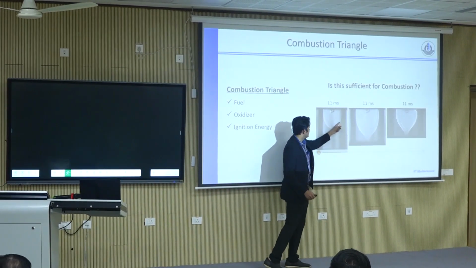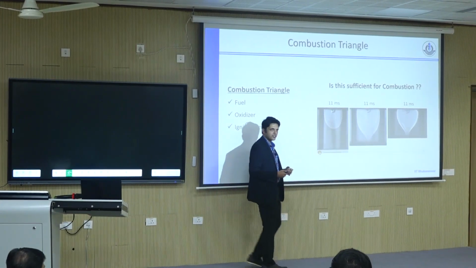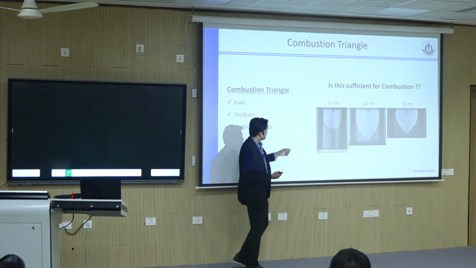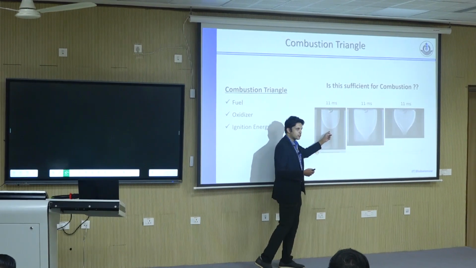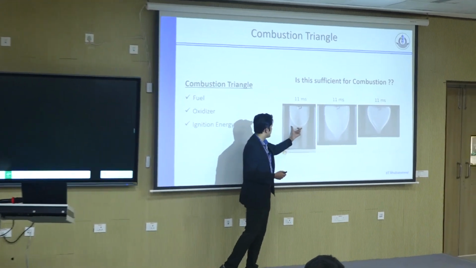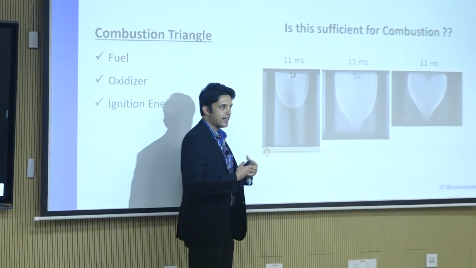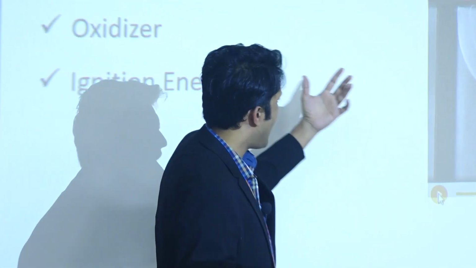In this case, this is the combustion zone where your exothermic reactions are taking place at a very fast rate. That heat is being transferred to the fresh fuel air mixture, preheating it, and then this zone ignites. It happens at such a fast rate that you see this flame front propagating through high speed imaging. Alright.